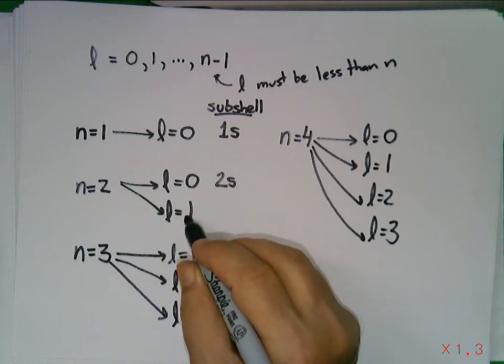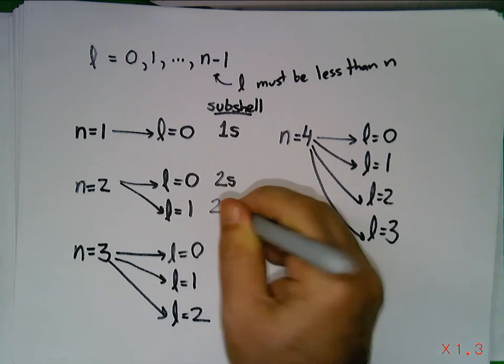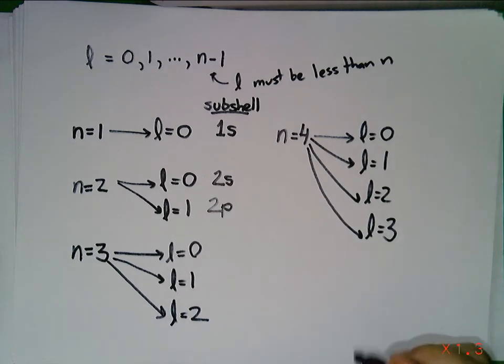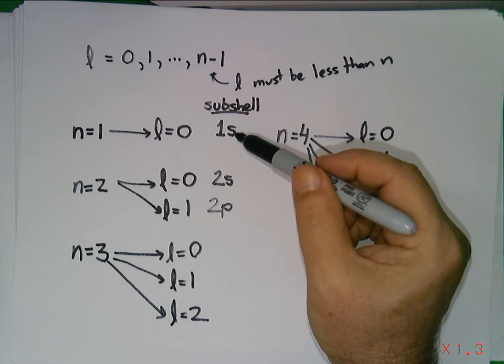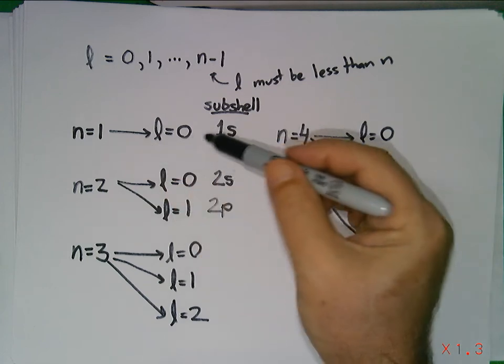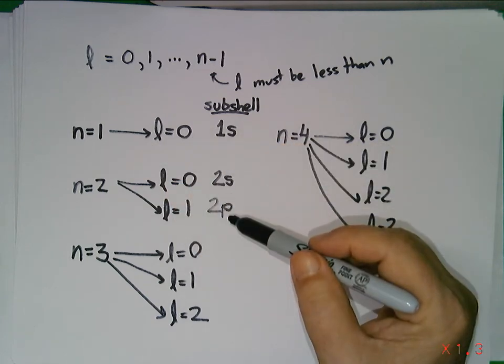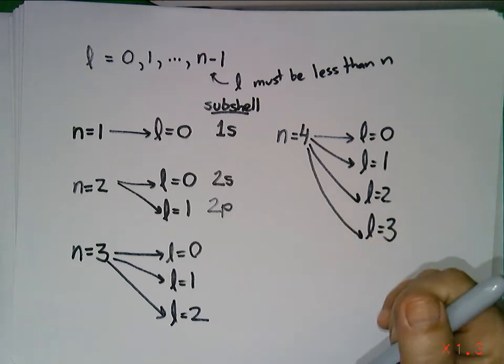L equals 1 is a p, so you could have a 2p subshell. So it's not possible to have p-shaped waves, L equals 1, in the first shell. The p orbitals, the ones that look like dumbbells, only appear in the second shell, and shells that are higher than that.